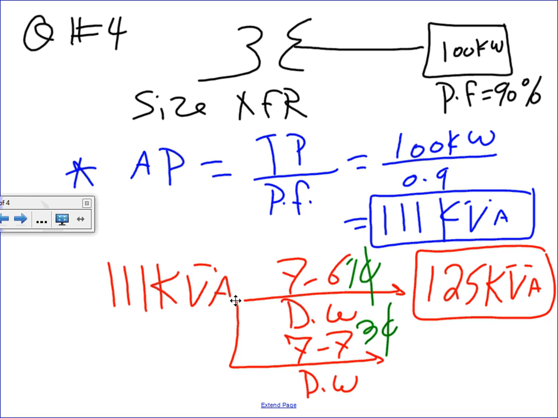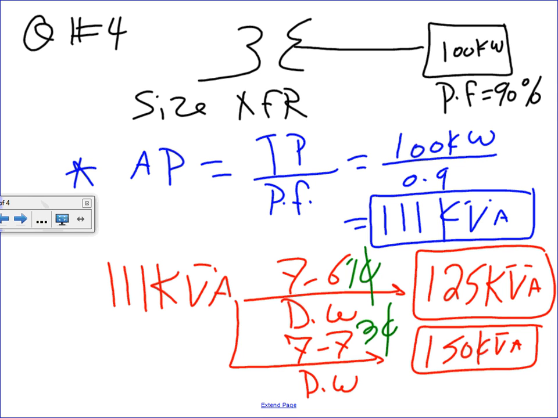So 100, what's my next? Zach, do you have a 150? So my next is 150 kVA. So if I decided to go for a single phase, 125; three phase, 150.